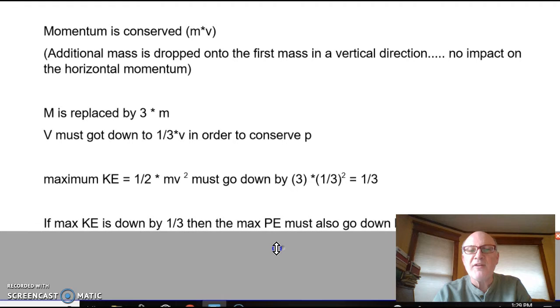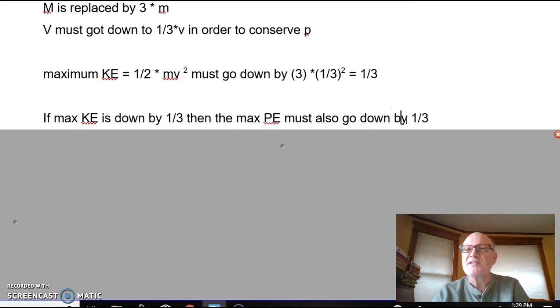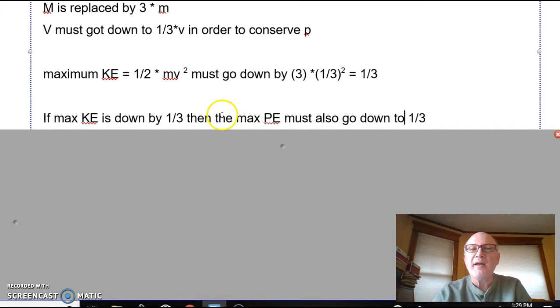And that has yet another implication, and that's this. If the maximum kinetic energy goes down to 1/3 of its original value, then the max potential energy must also go down. I think I want to change this word from by to to, okay?